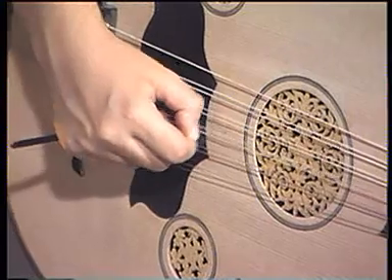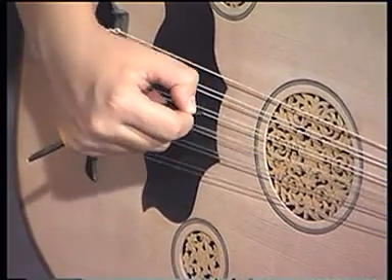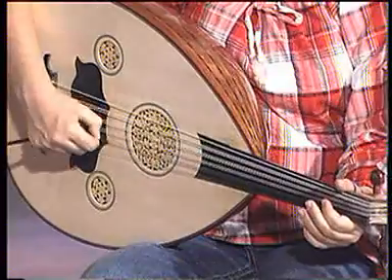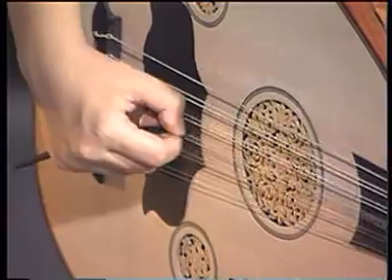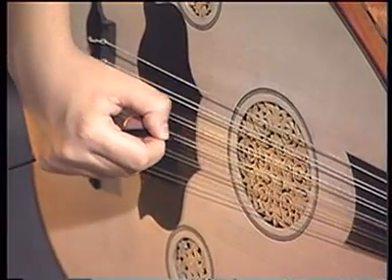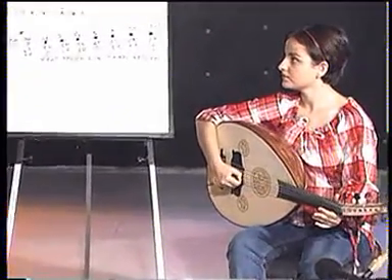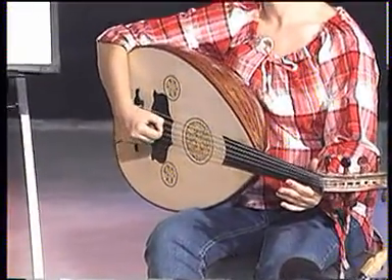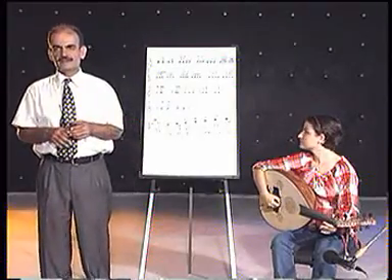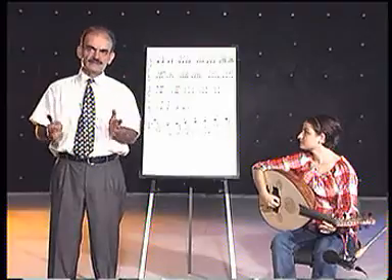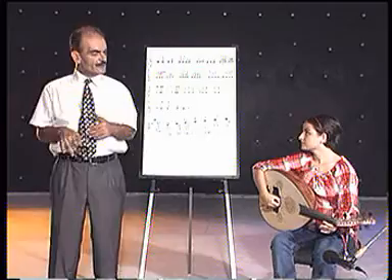Now let's try it on the oud. Our last example would be karamela. We'll quicken it twice as well. It should be completed within the motion of the hand as well. Now on the oud.